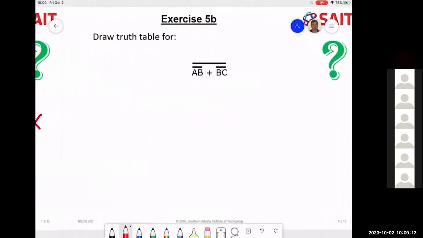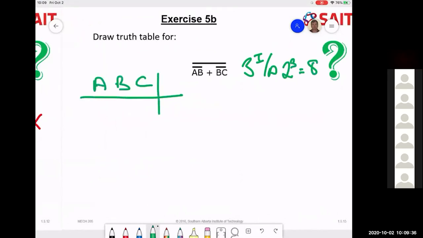Draw the truth table. So I'm just going to start my traditional way with drawing a truth table without even looking at the equation. I've got 3 inputs. 2 to the 3 equals 8. So I need A, B, and C. My truth table. I've got some unknown output.